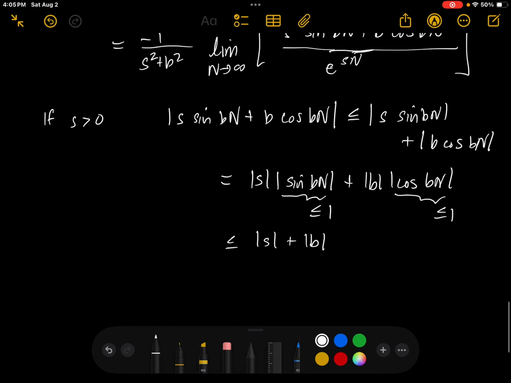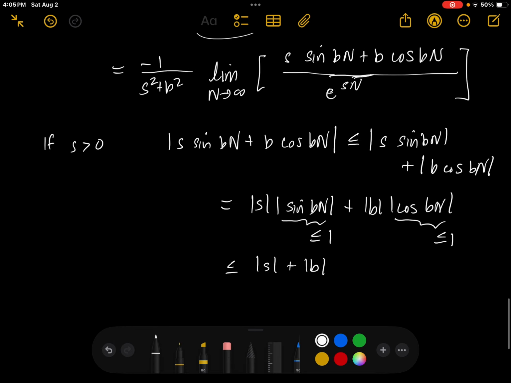So you have something where the numerator is less than or equal to some constant that doesn't depend on what n is. And so the denominator is going off to infinity, and because of that, the limit's going to be 0.